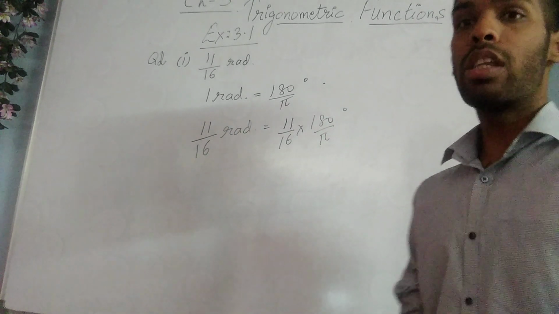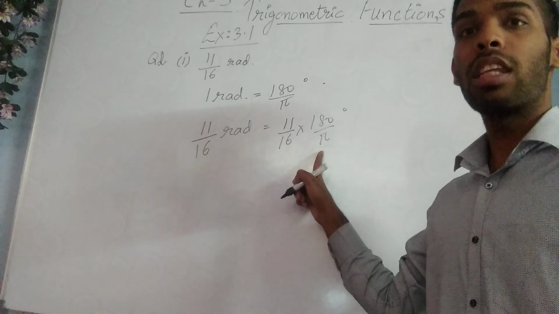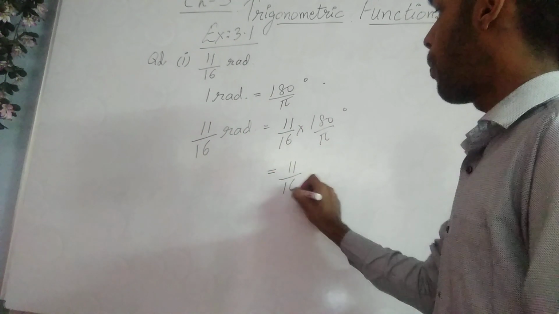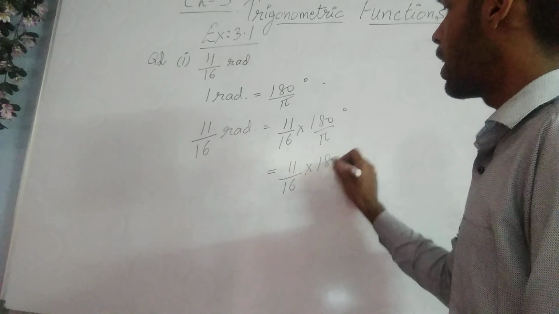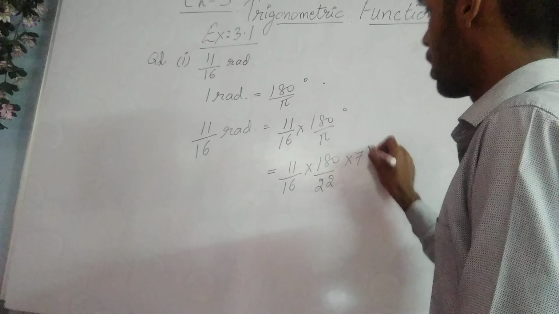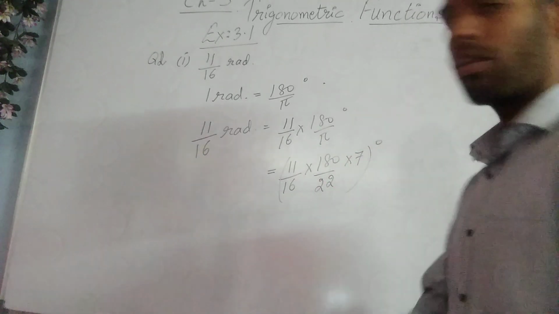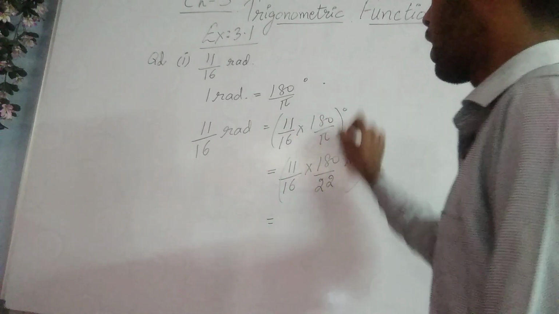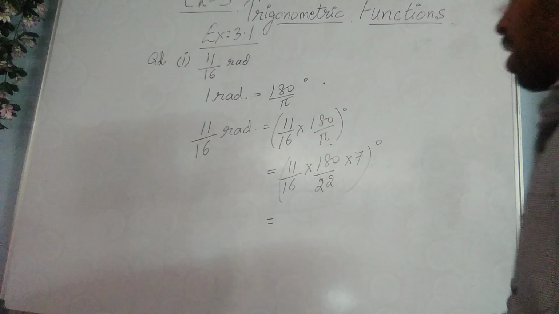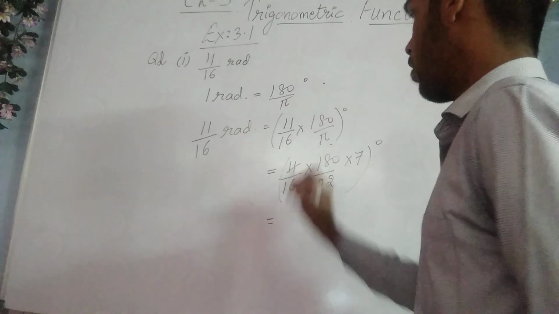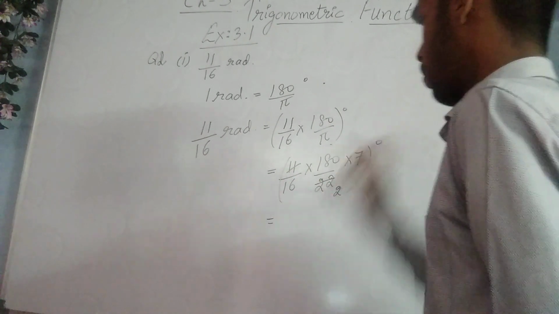Now students, see, as we all know, we have the value of pi as 22 by 7. We can put this value: 11 upon 16 into 180 upon 22 into 7 degree. Here also you can put one bracket. Now students, if something is getting cancelled, you may go for that. 11, we know that 2 elevens are 22.